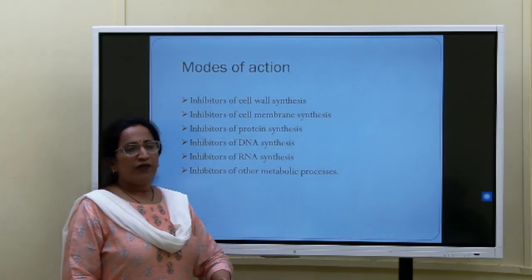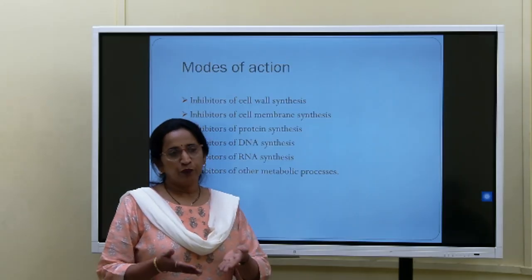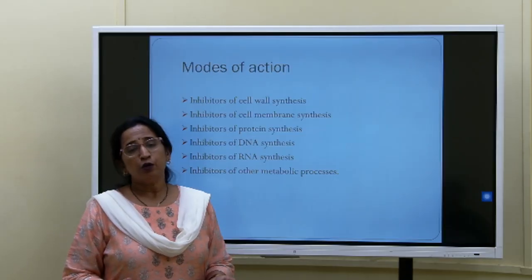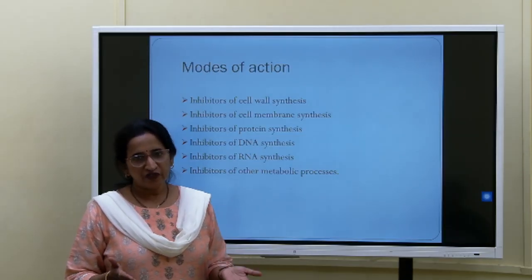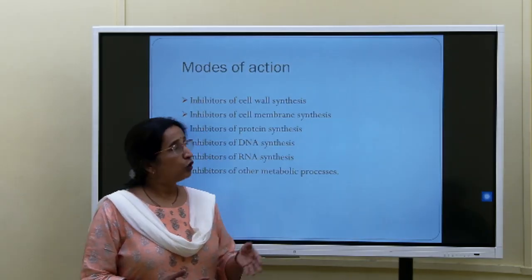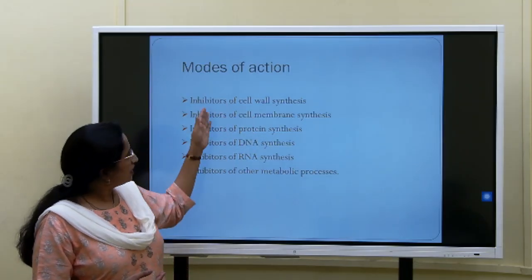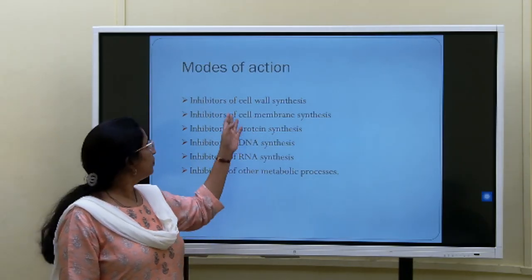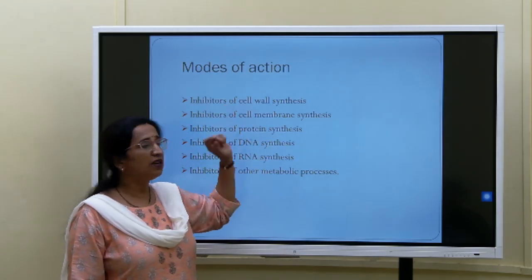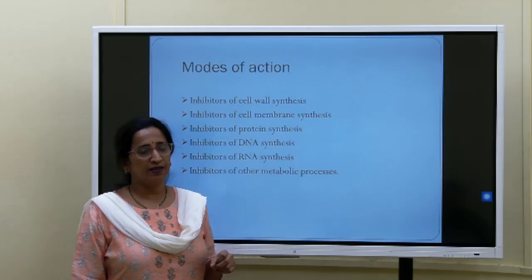So coming to the mode of action of these antibacterial agents, they kill the bacteria or prevent their growth by a variety of ways. They inhibit many important cellular processes. So we can broadly put them into these 6 different categories. The first are those antibacterial agents which inhibit cell wall synthesis, that is peptidoglycan synthesis.